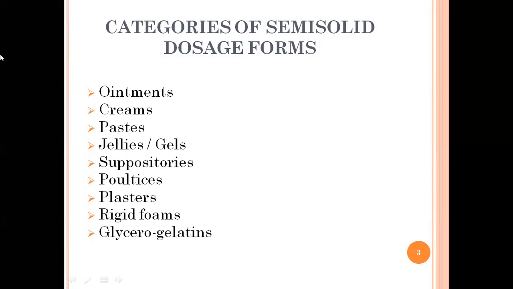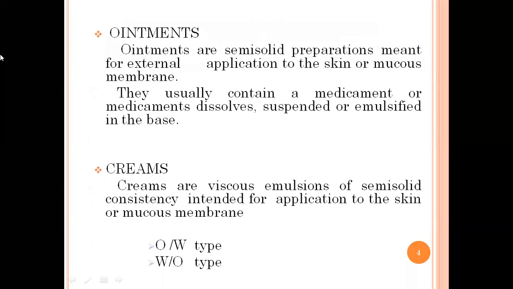So now in all these things, the base or the vehicle is different. So suppose we'll see an overview of all of them. What do we mean? For example, ointments. See, these are semi-solid preparations. Basically, you are using for an external application to the skin or to the mucous membrane.